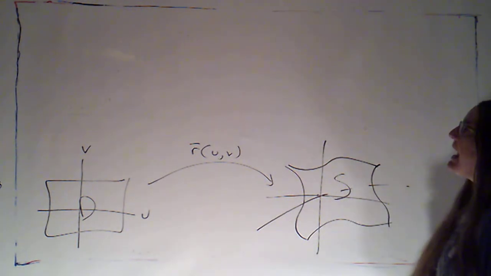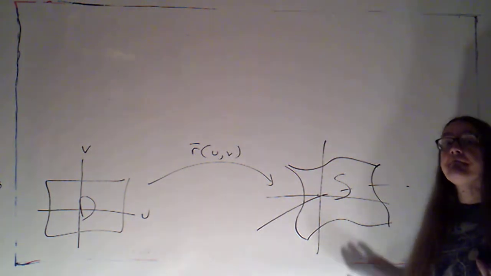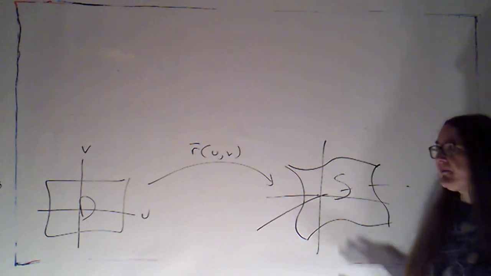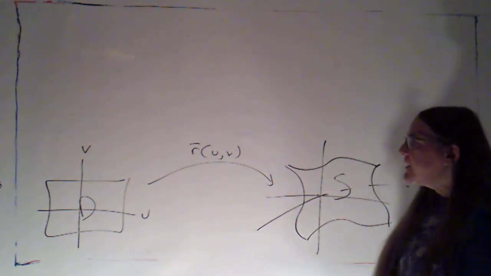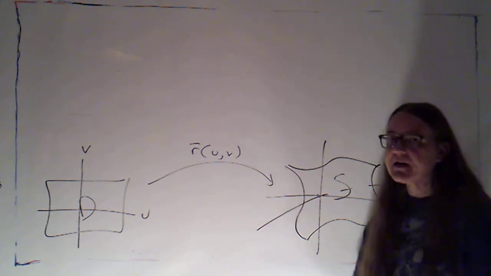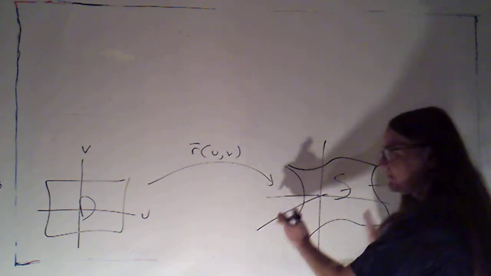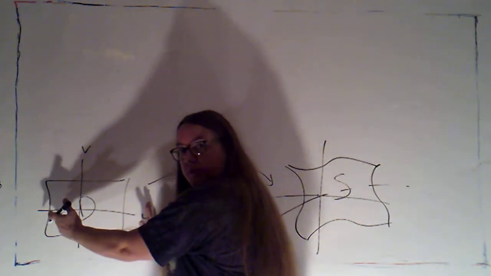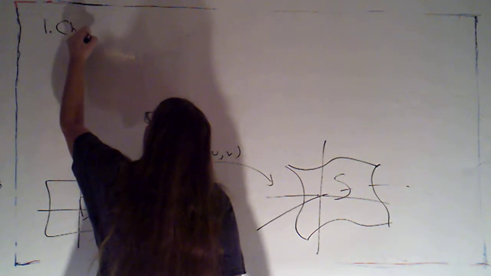And what we're going to do is go through our usual 4-step process: chop, approximate, add, take a limit. I'm actually going to write out the Riemann sum that we get both in 3 space and in 2 space. So, step 1, we chop.